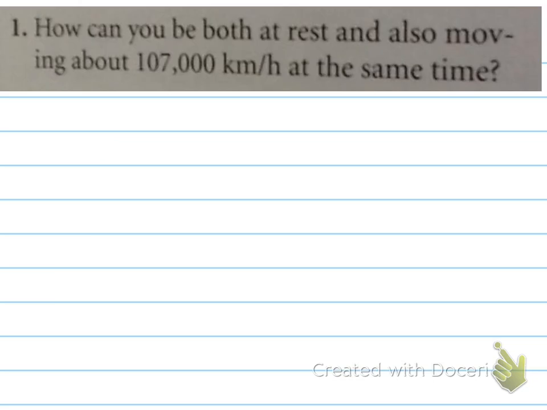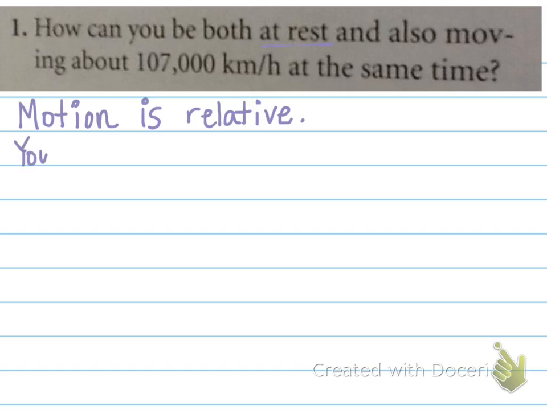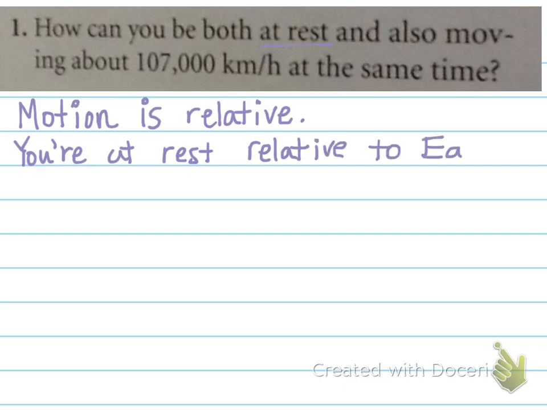Question number 1. How can you be both at rest and also moving about 107,000 kilometers per hour at the same time? This has to do with that idea that motion is relative. You're at rest relative to the earth because you're not moving from spot to spot on the earth.